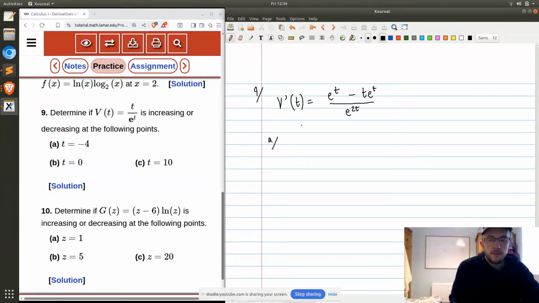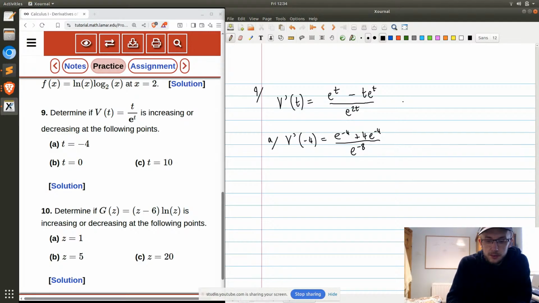Then what is v prime of negative 4? E to the negative 4 minus, or rather plus 4 e to the negative 4, all over e to the negative 8. Whatever that happens to be.